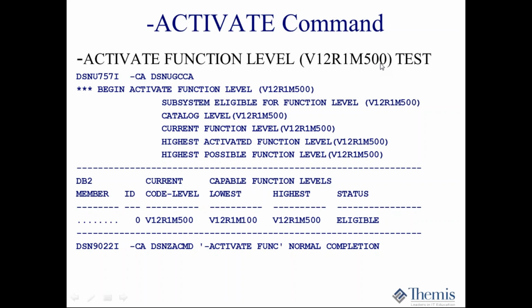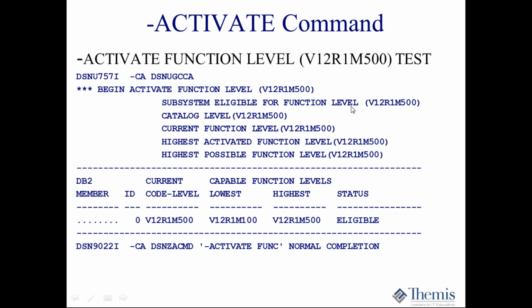Okay? And so when I do the test, it will show me, hey, yes, my code level is there. My catalog is there. Current code level is there. Highest activatable and highest function available is 500.